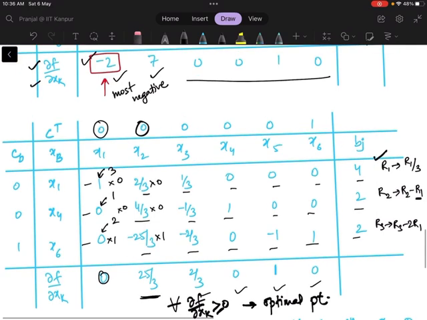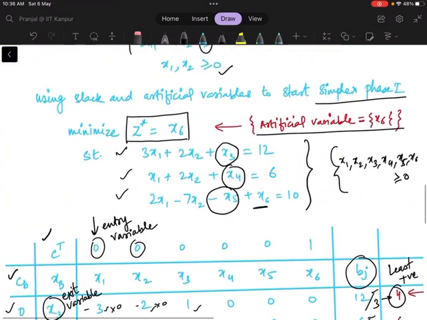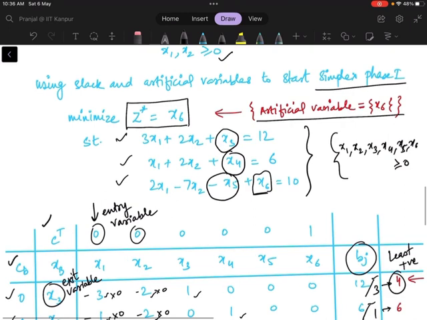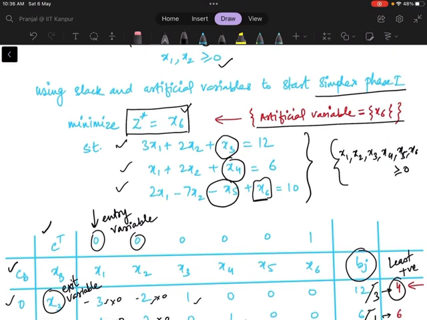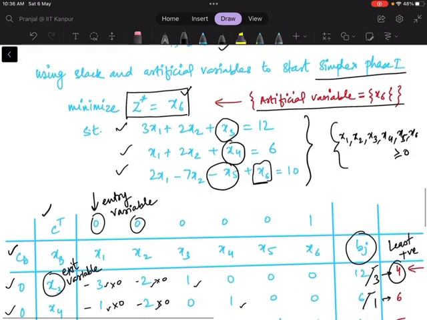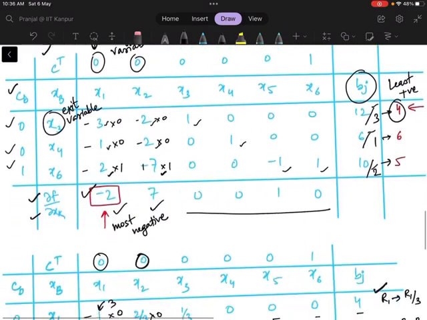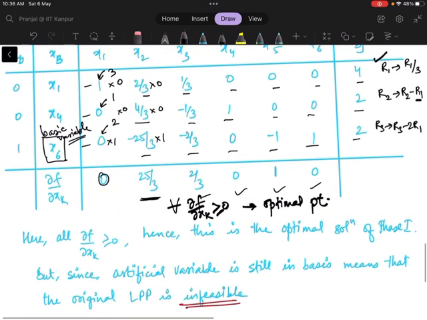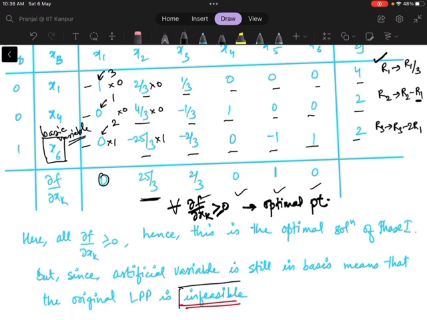Now at the optimal point, we see that x6 is still in the basic variables. Whenever we are doing phase 1 of the simplex method, whenever we have greater than or equal to constraints and we add an artificial variable and try to solve an initial simplex problem by minimizing that artificial variable, if that artificial variable remains in the basis even after the optimal solution has been reached, we have to conclude that this problem has no feasible point.